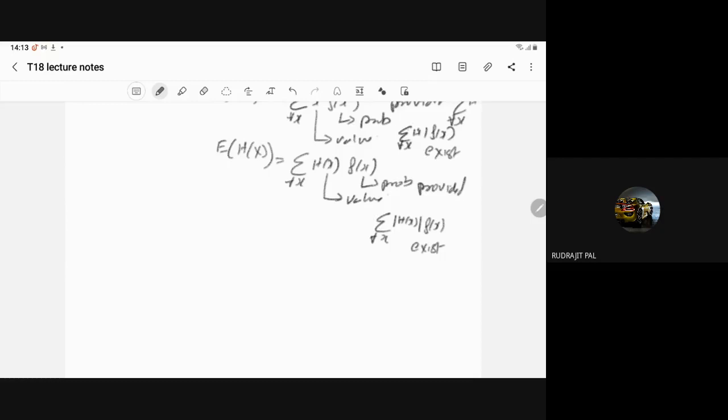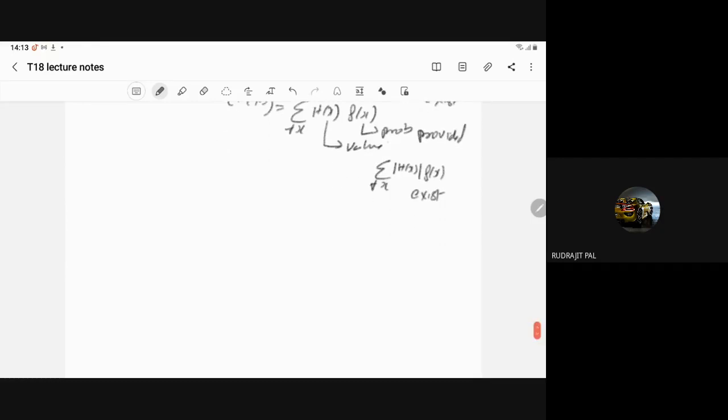So this is the little detail about the expectation. Expectation means what you are expecting, right? It is the parameter around which all the observations are distributed.